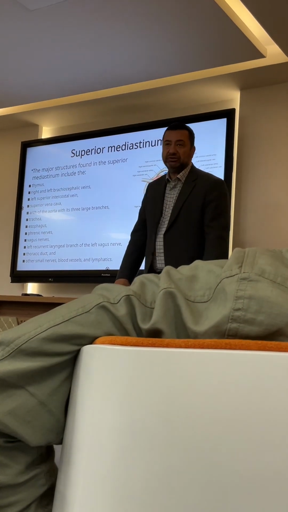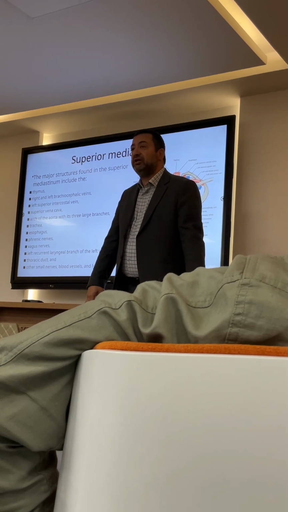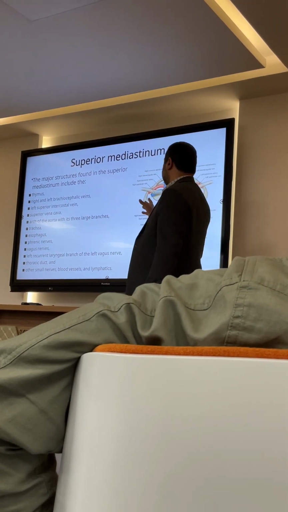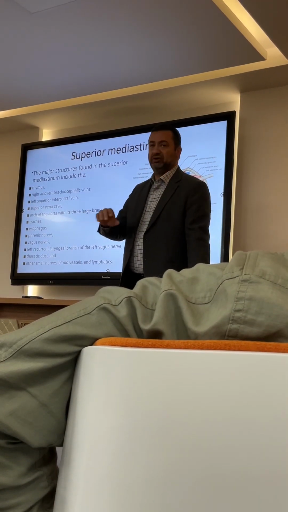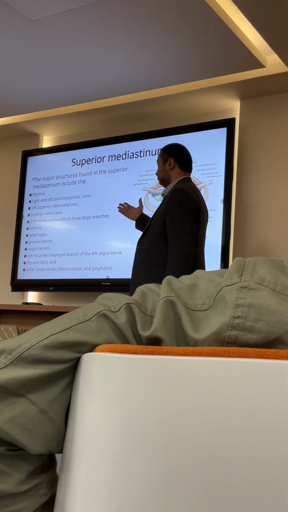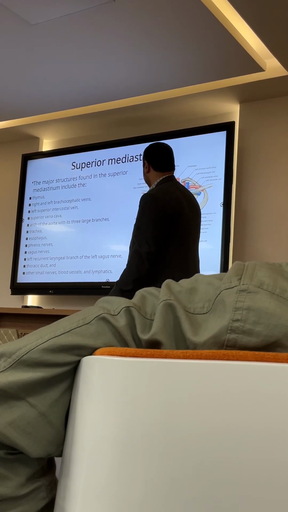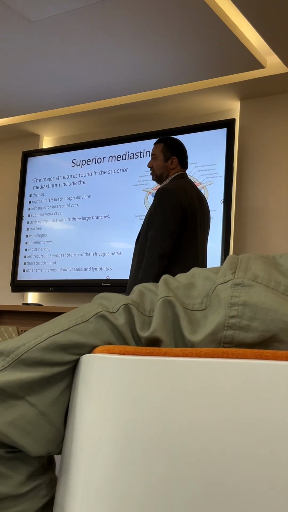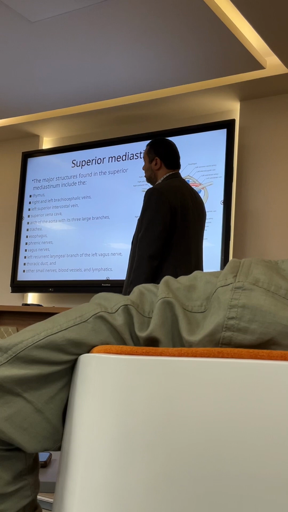Major structures located in the superior mediastinum include the thymus, a part of which is in the superior mediastinum and a part in the anterior mediastinum. Right and left brachiocephalic veins. Left superior intercostal vein.